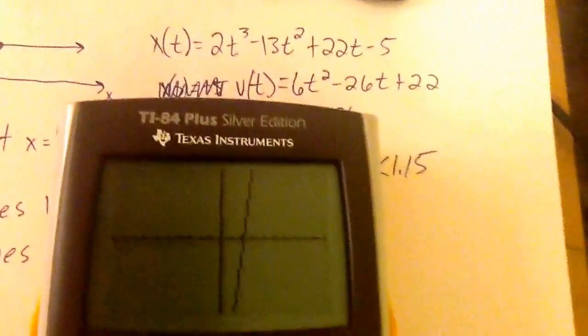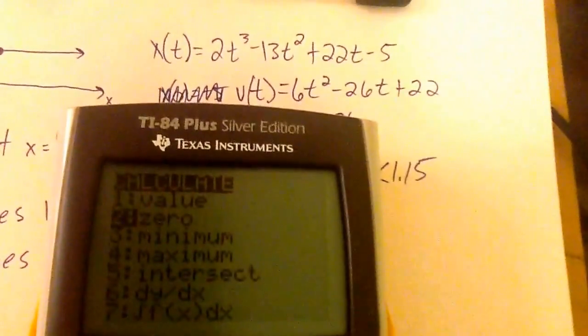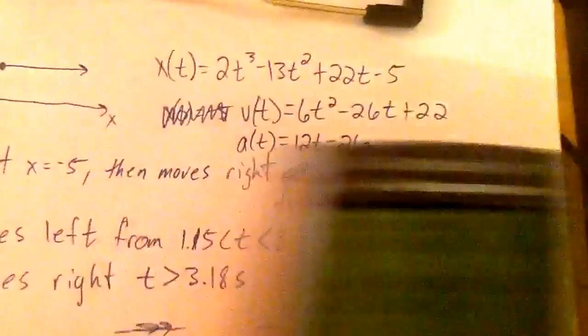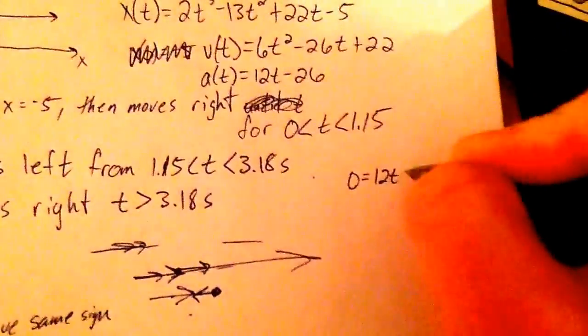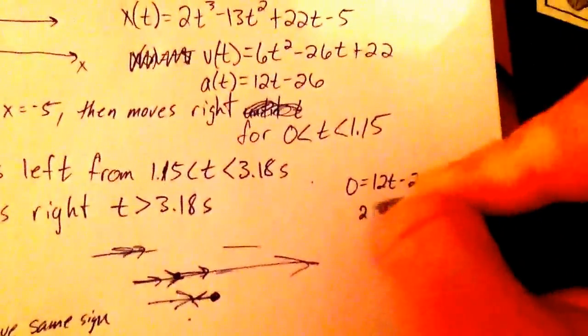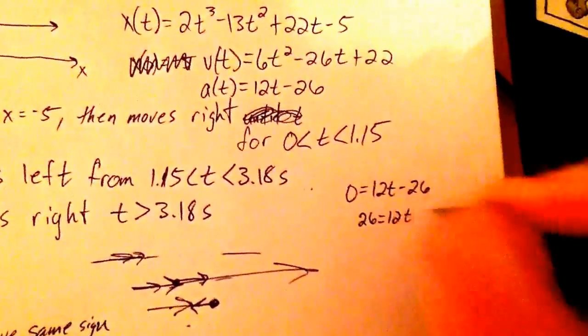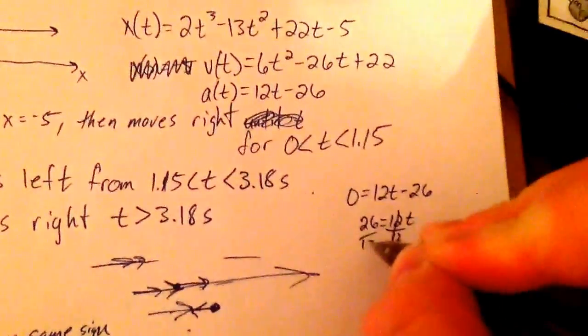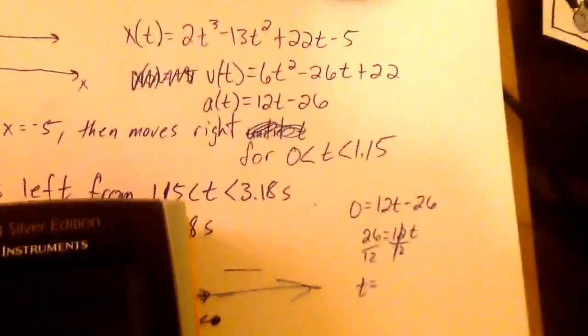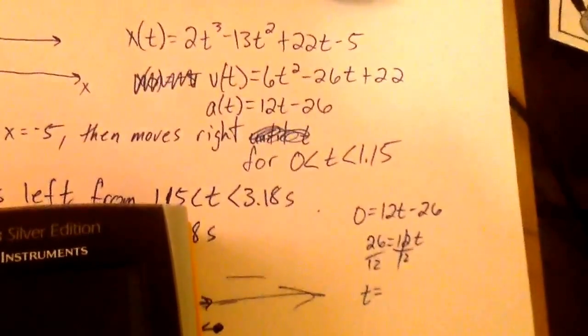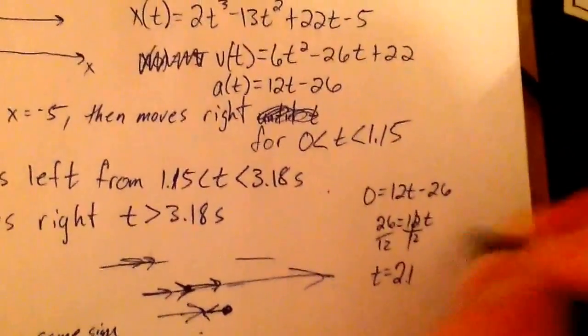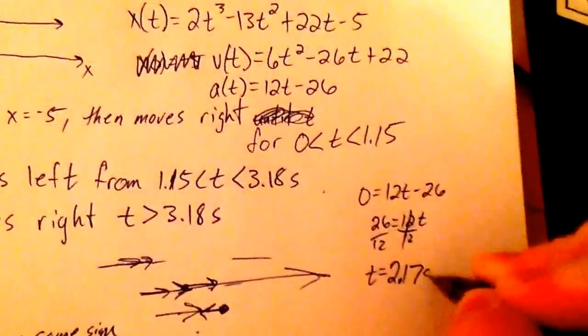So let's calculate that. I don't need to use a calculator, that's an easy one. Set it equal to 0, so 0 equals 12t minus 26, add 26, divide by 12. So t equals 26 divided by 12. I think that was faster than doing it on the calculator. I don't know. 2.1667, who cares? 2.17 seconds.